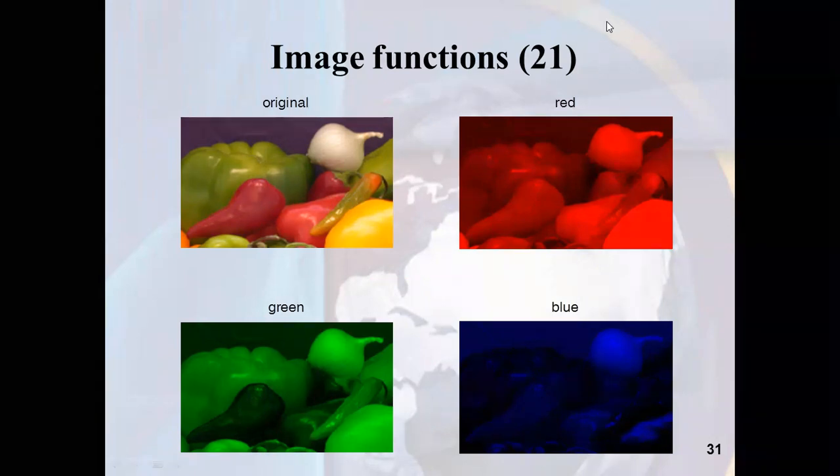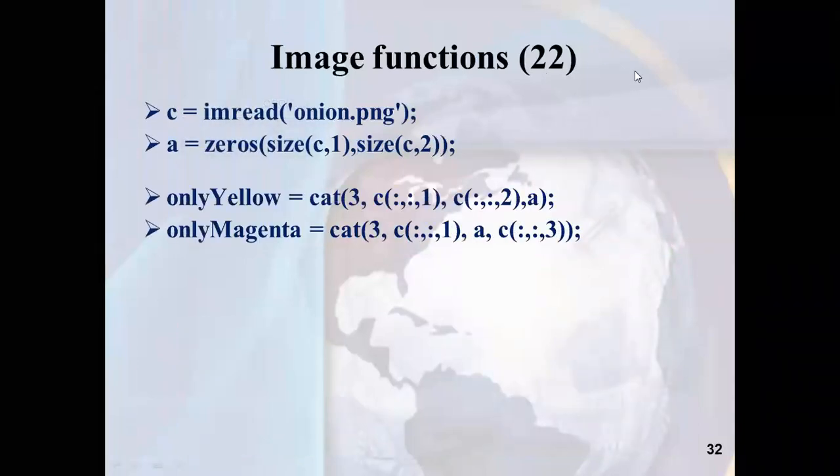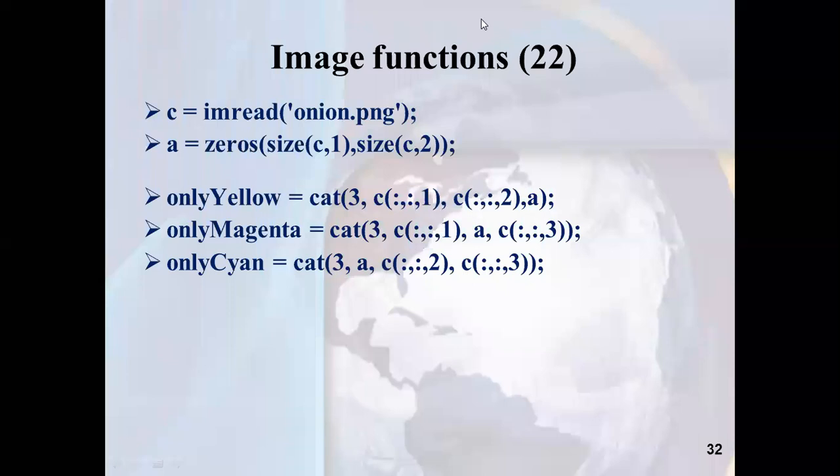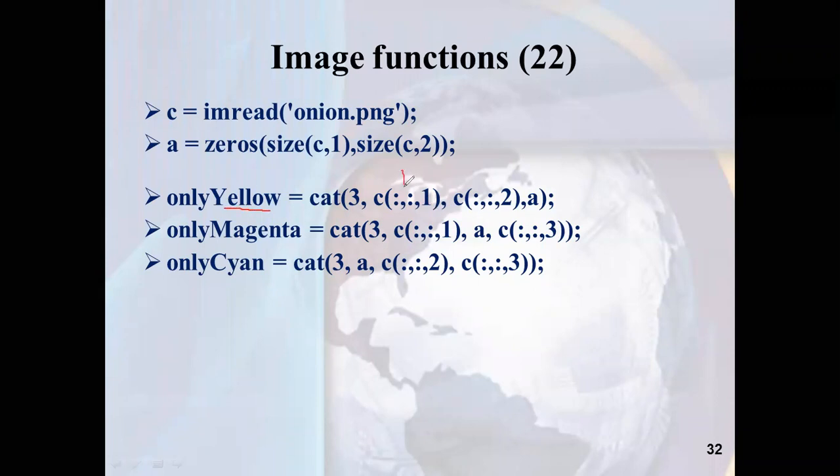Now, if we mix colors, we know, for example, yellow is the mix between red and green. So if I take red and green, we obtain yellow.